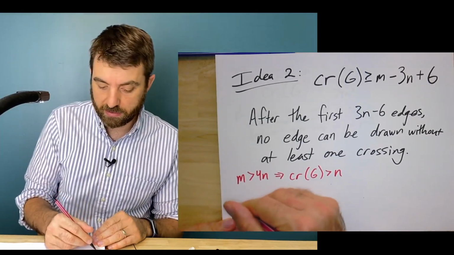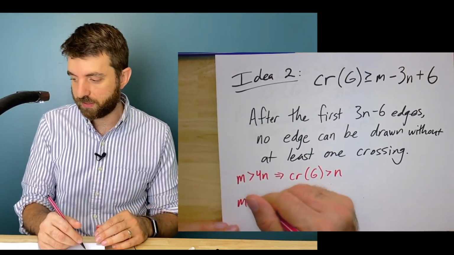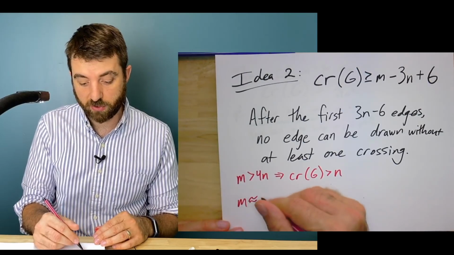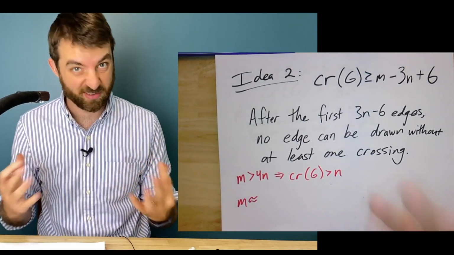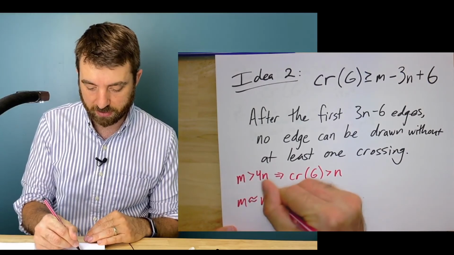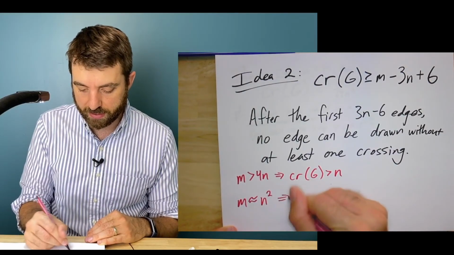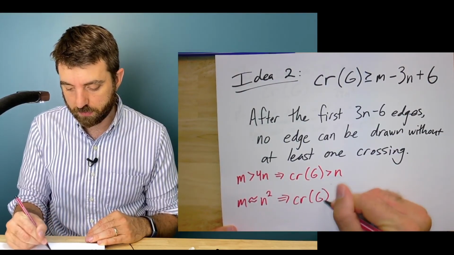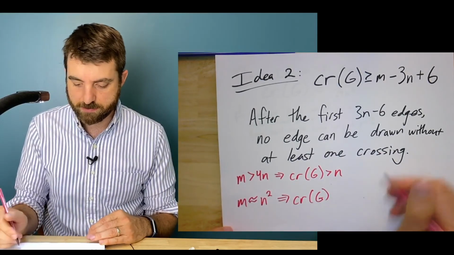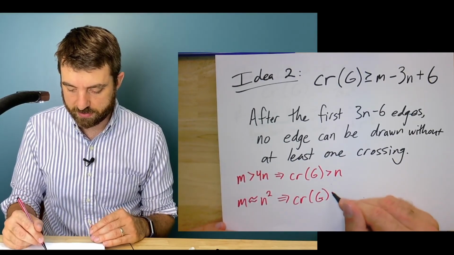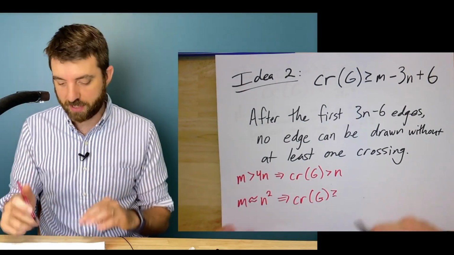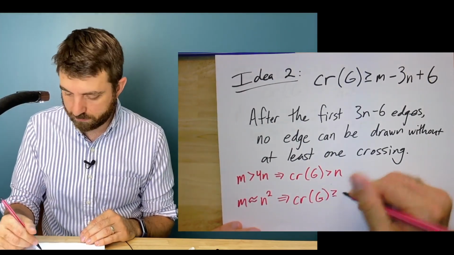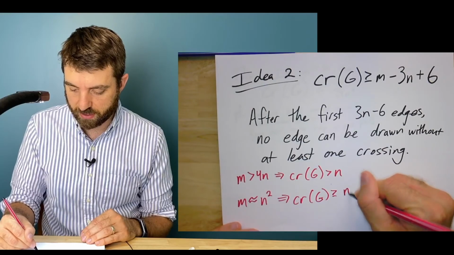All right. In the more extreme case, if I took m to be something quadratic, so like almost a complete graph, a really dense graph, something like n squared, then I'm going to get a crossing number bound. Again, this is a little bit sloppy because it's only up to some constants, but it's going to be something also like n squared.